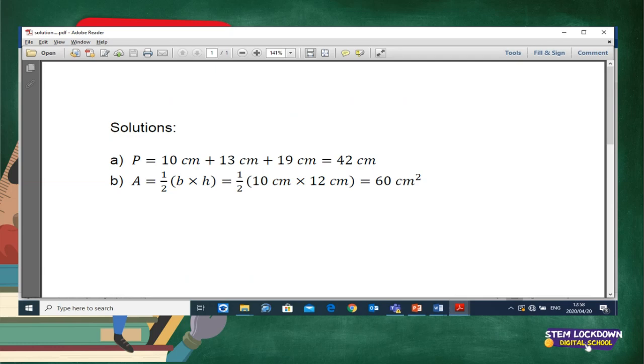And this will be half of, we have already agreed now that the base is 10 centimeters, as you can see in the picture, and the height is 12. And 10 times 12 is 120. 120 divided by 2 gives you 60 square meters.